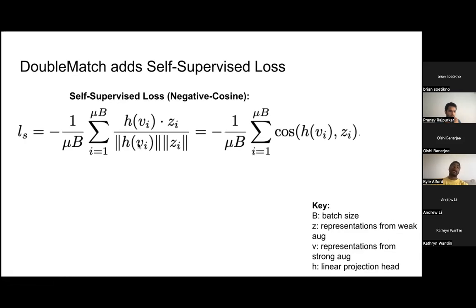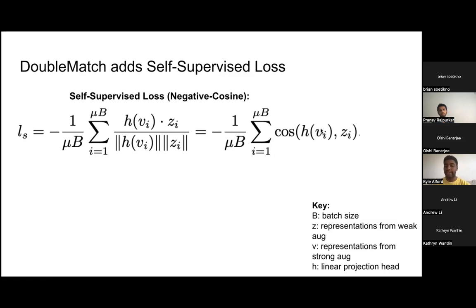And so for adding DoubleMatch, what they're adding is the self-supervised loss, which I spoke about earlier, which is basically the negative cosine function between the representations now, as opposed to the final probability distributions. And so V_i, again, these are the representations from the strongly augmented images, and then Z_i are from the weakly augmented images.